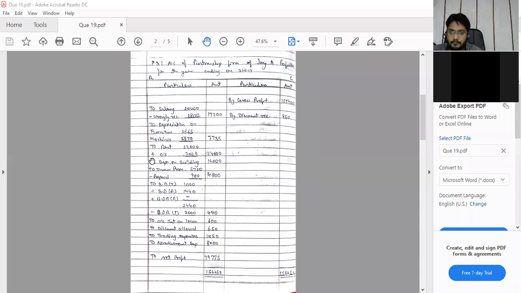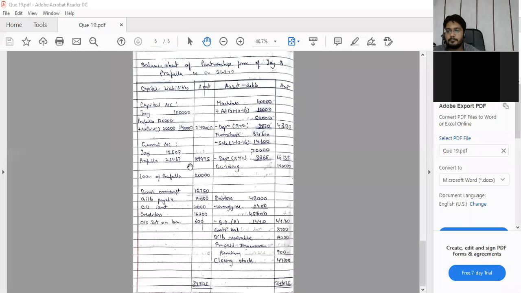So add outstanding rent, rupees 2,000. Total in the outer column 24,000. And the second effect of this outstanding rent, balance sheet liability side, please write outstanding rent rupees 2,000.